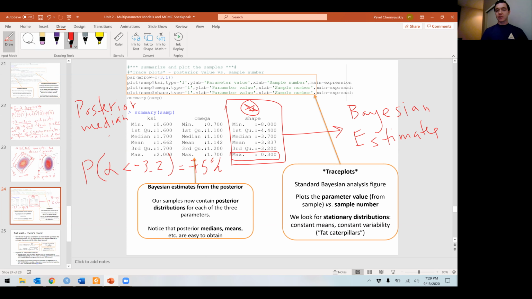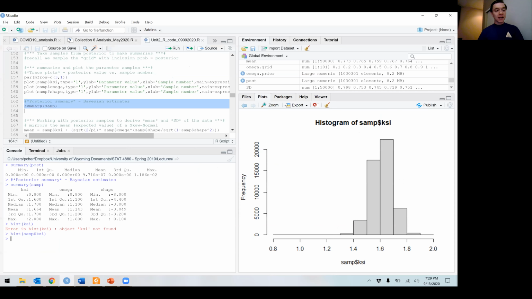Is that a particularly likely scenario given the observed data set? No. But how can I quantify it? Well, for one, I can find my quantiles. I can say quantile of my shape, and I'll be looking for the, say, 95th percentile. The 95th percentile is negative 2.4.